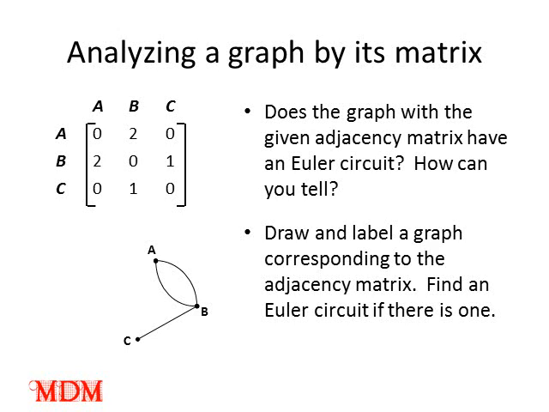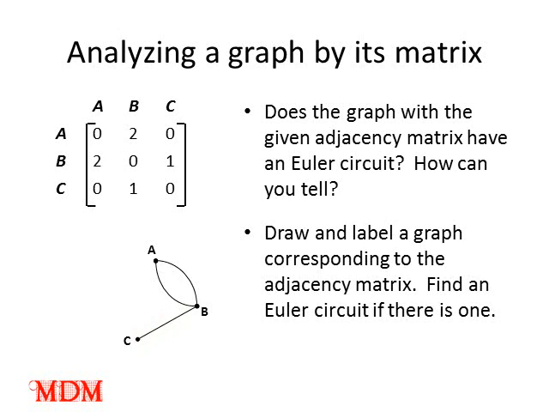And we already know that there's not an Euler circuit for this particular graph. If we start at vertex C, we could make an Euler path. If we started at vertex B, we could also make an Euler path.